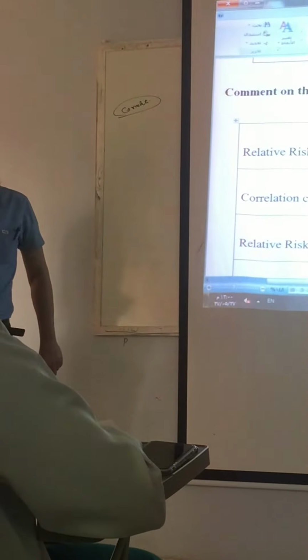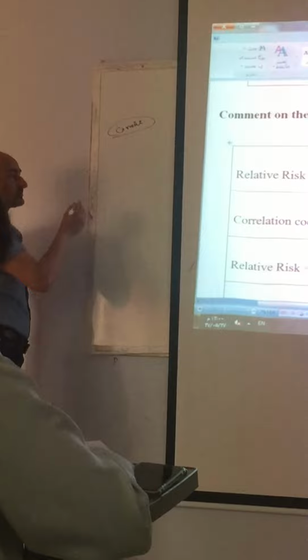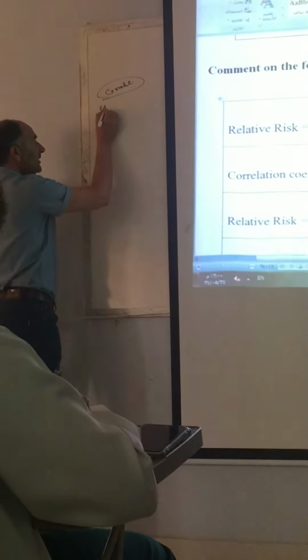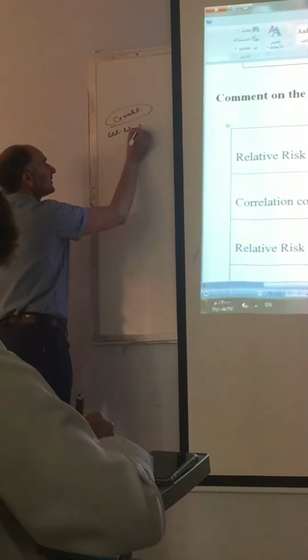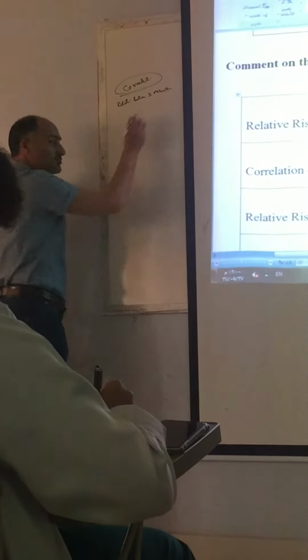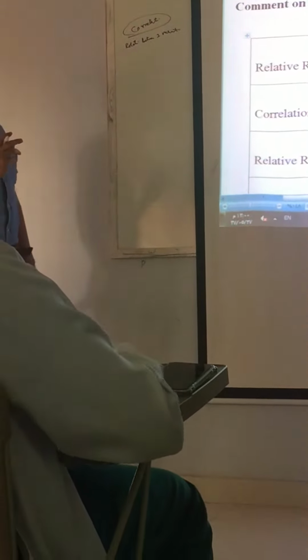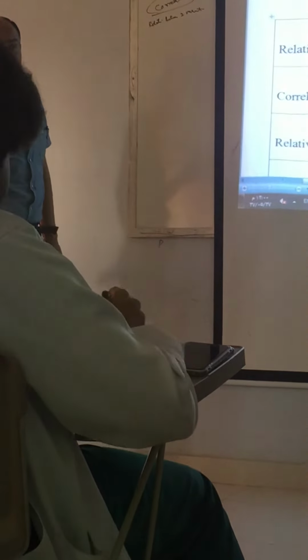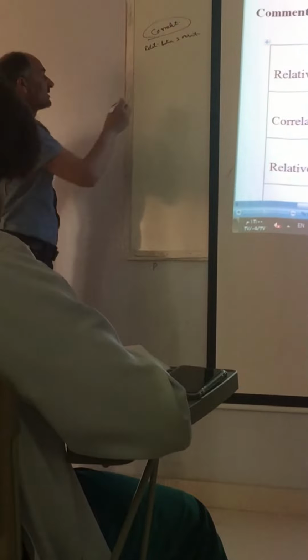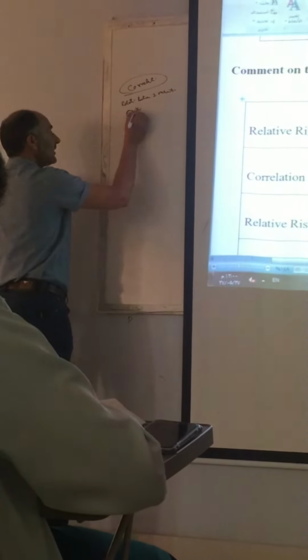Correlation is the relationship between two variables. Most of the time, both variables are quantitative variables, which you can measure and count. Again, it will tell us the strength of association and the direction of association.